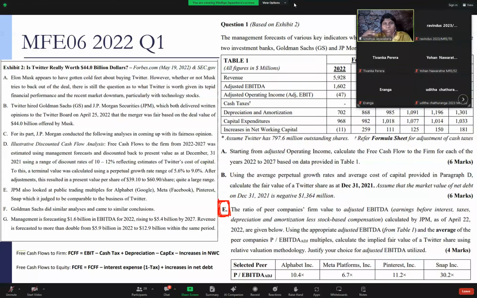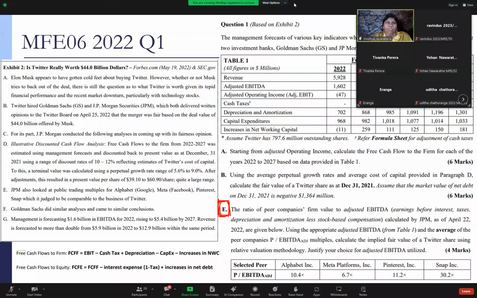And you can't, in this case, you probably can't, because Twitter was making losses at the time this valuation was being done, right? So you couldn't use PE multiples to value the company. So the next best thing that they looked at was the price to adjusted EBITDA multiples, right? And it was more of a cash flow type valuation. So they used those price to EBITDA multiples, and they looked at the peer companies that they thought were peers of Twitter.